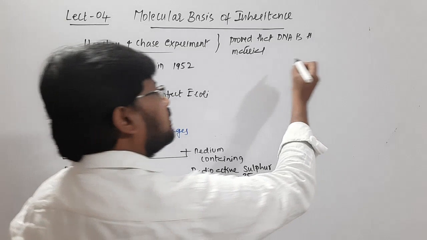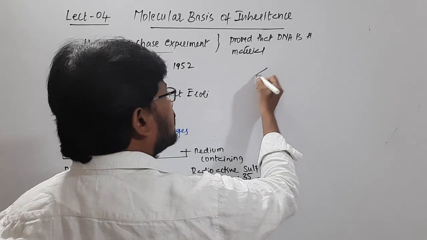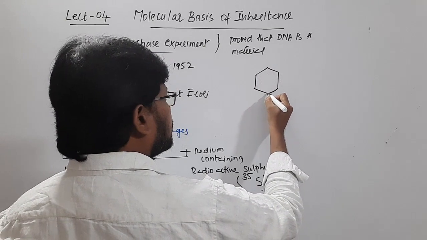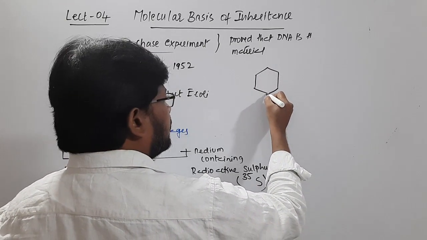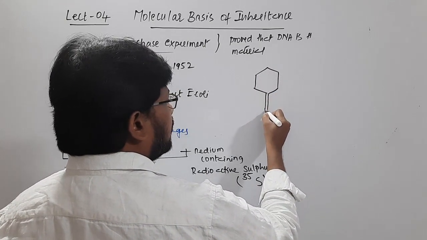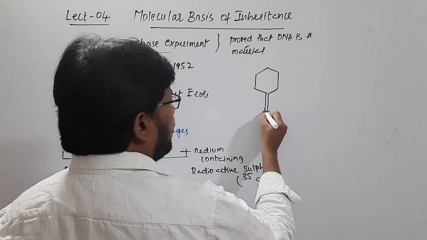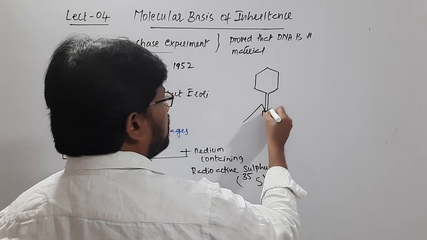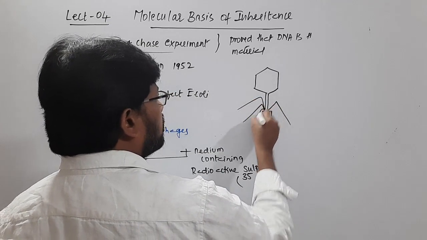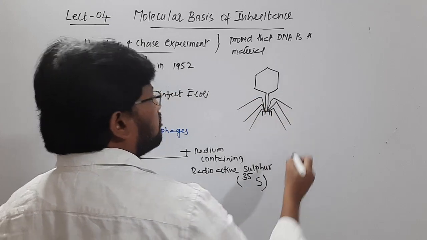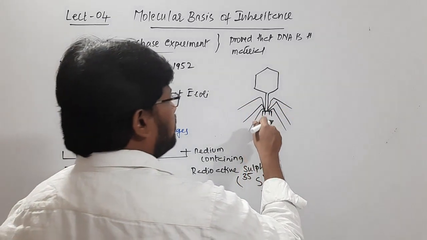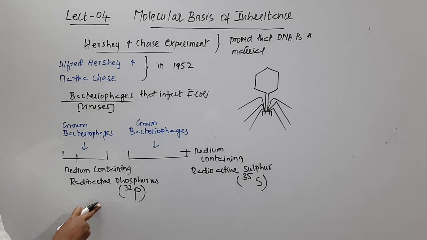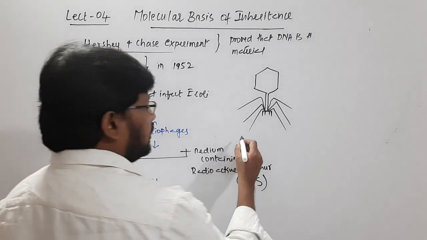So we know the bacteriophage structure. So this is a bacteriophage growing on medium containing radioactive phosphorus, that is P32.